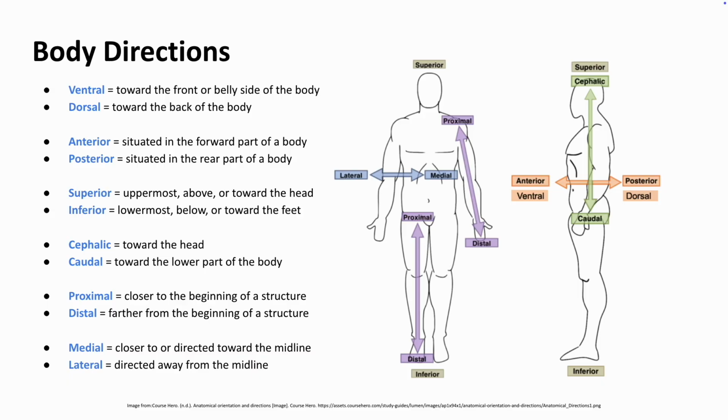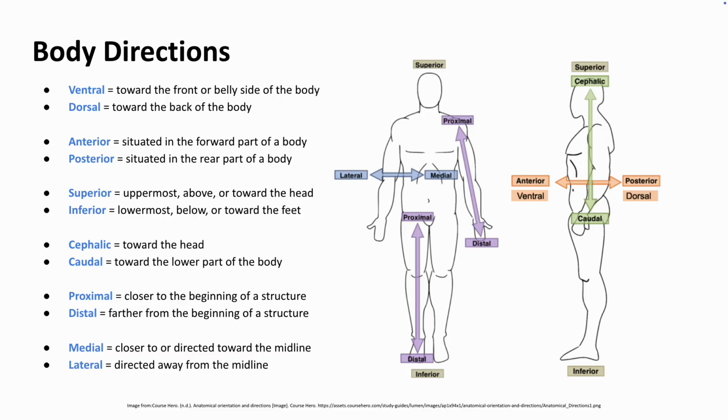But it's not that everything at the top is superior and everything at the bottom is inferior. Every term here is relative. So we can say the head is superior to the chest because the head is higher than the chest. That's how we will use these terms.